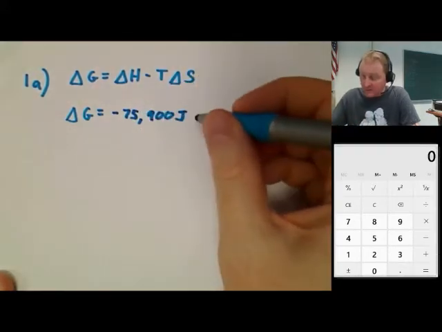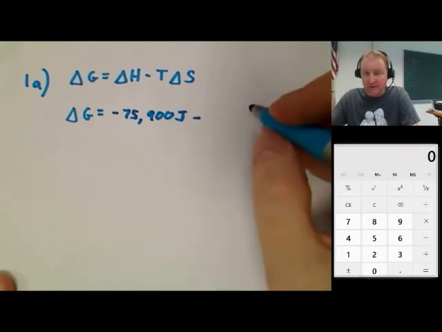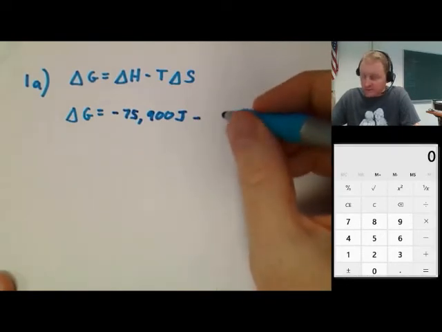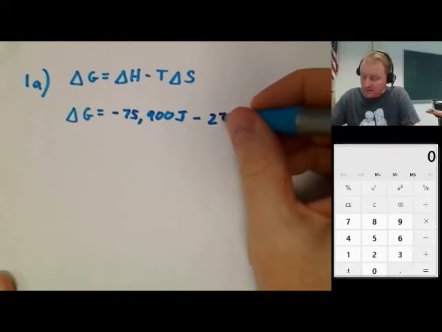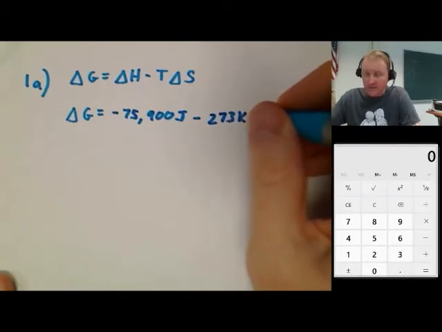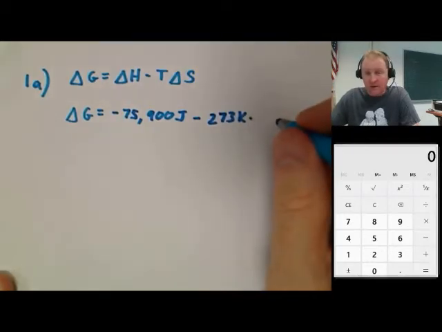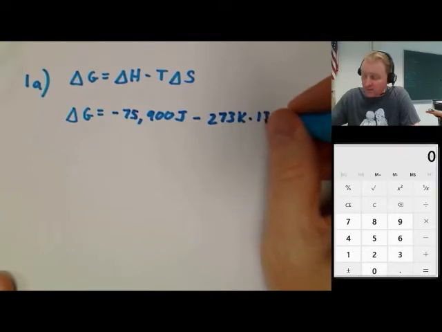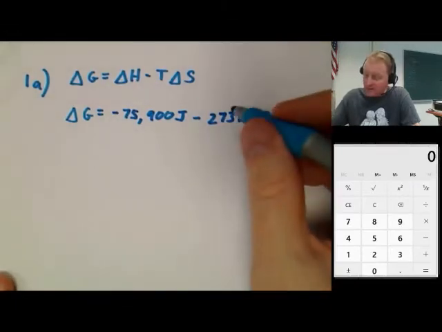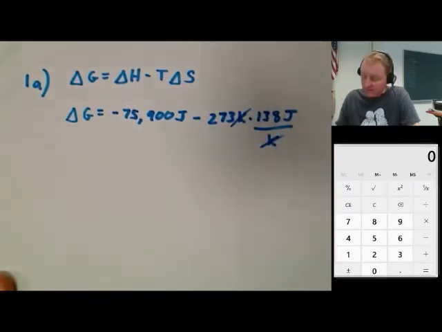And I'm going to subtract from that 273 Kelvin times our entropy, which is 138 joules per Kelvin. We see that Kelvin cancels with Kelvin.